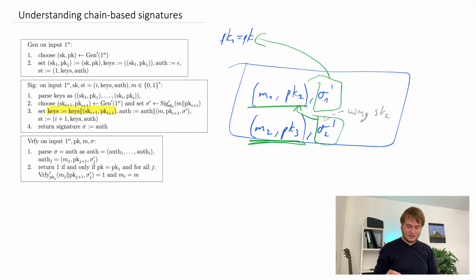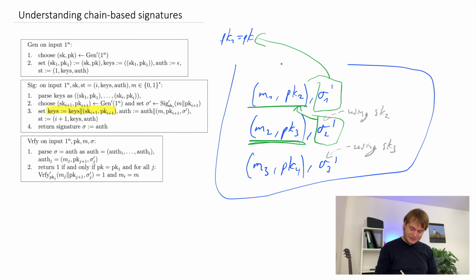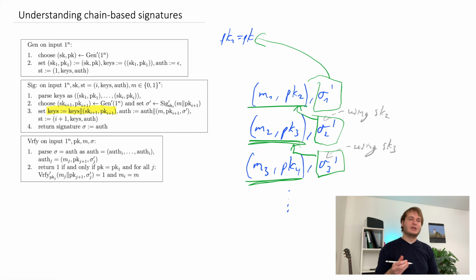So if I wanted to sign message M3, the same thing happens. And then the signature will again be this whole thing. And in addition to the checks I already did for M2, I now also have to check sigma 3 prime, and so on. And the intuition for security is that the adversary will see these chains.